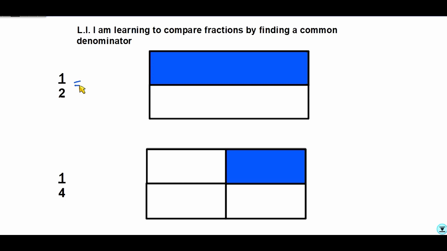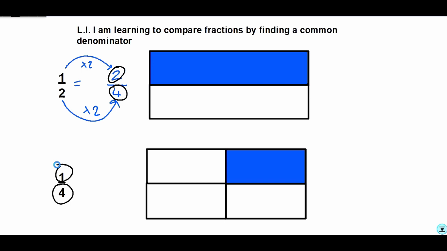I could take a half here, and if I multiply this by 2, I can turn it into quarters. Now remember our rule with equivalent fractions, whatever we do to the top, we have to do to the bottom. So I'm going to multiply this by 2 also. And what we will see is that we have 2/4 here. Now, because these are both now measured in quarters, we can compare them and we can see that 2/4 is obviously more than 1/4.